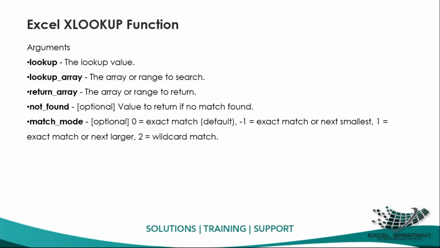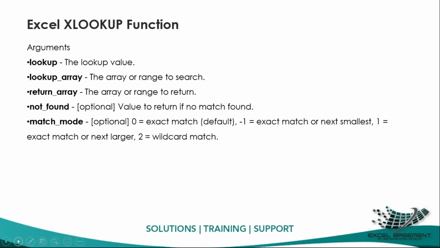But in XLOOKUP, the default match mode is the exact match, which is 0, meaning false. Then we can also use -1 for the exact match or the next smaller. We can use 1 for the exact match or the next larger, which relates to the approximate match.